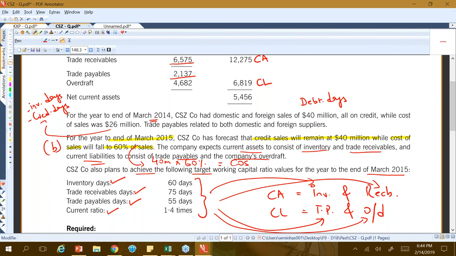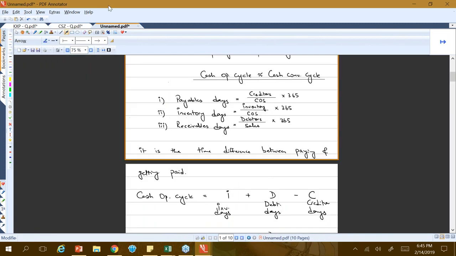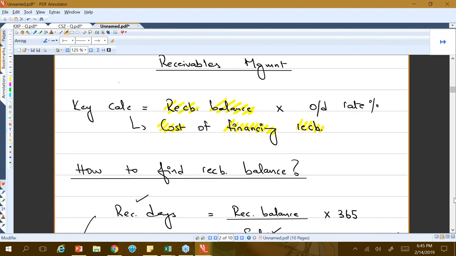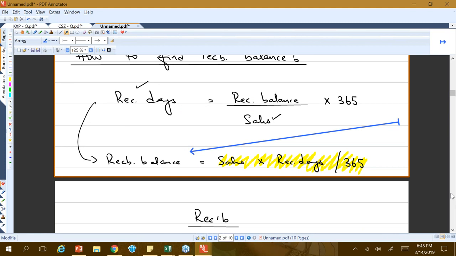Now, before I go into this question, I want you to go back to something we talked about earlier today, where we thought about how to find the receivables balance. We have receivable days, and then you could rearrange it to find the receivables balance.